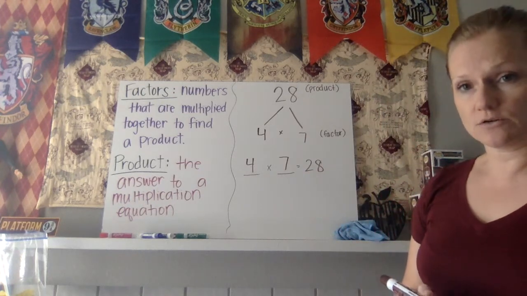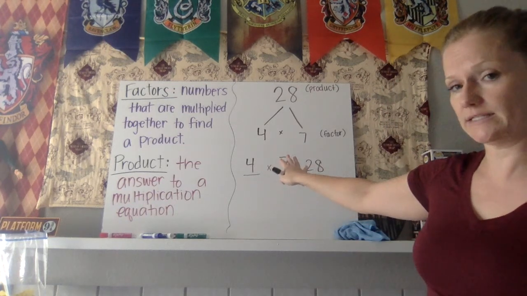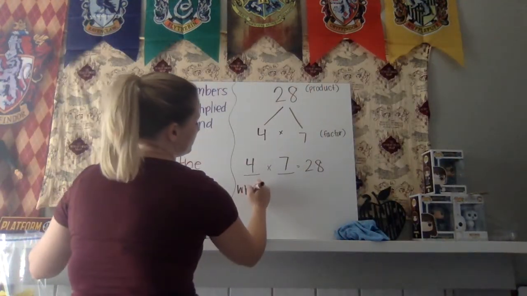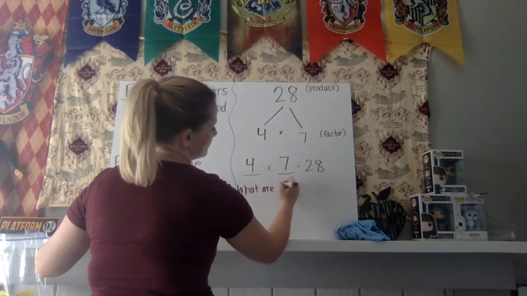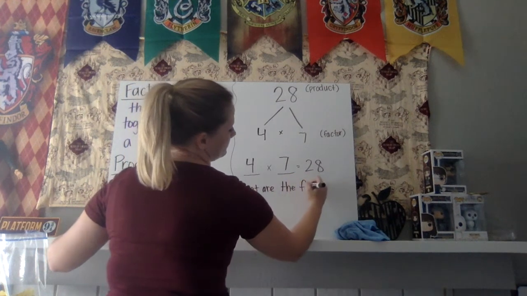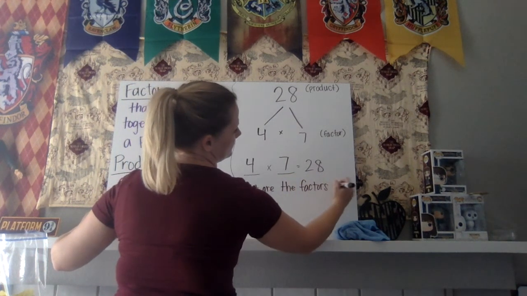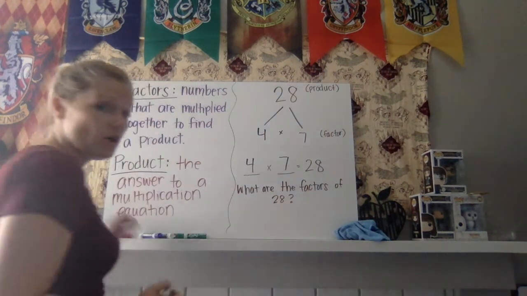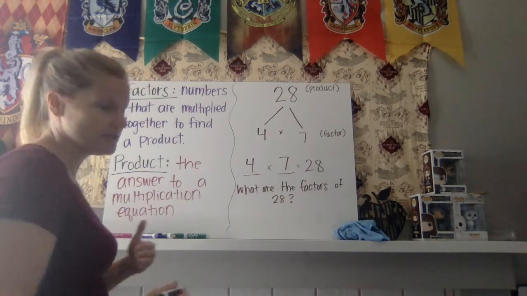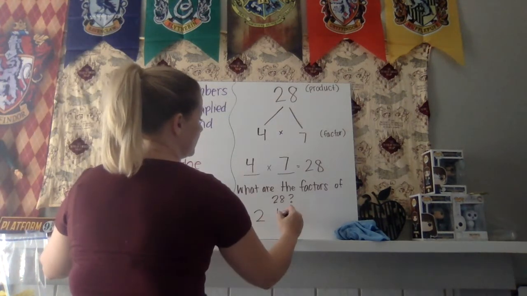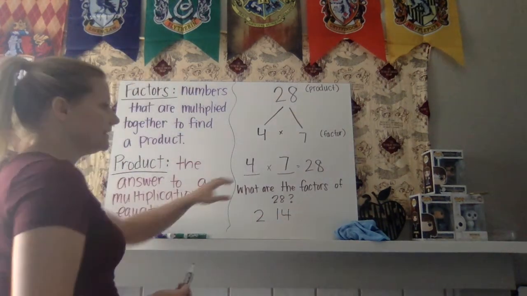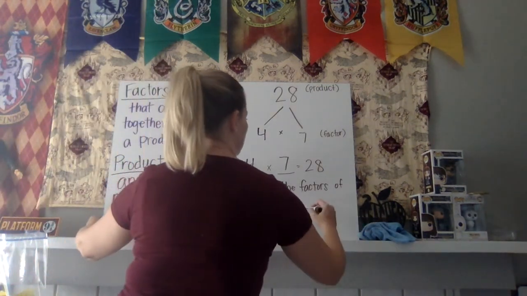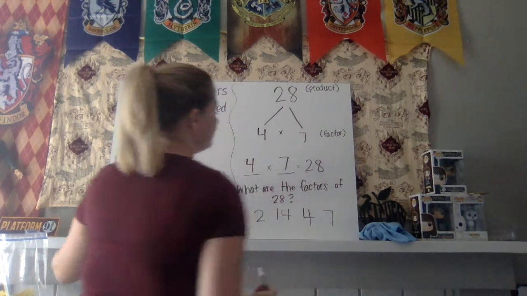If you were asked a question, what are the factors of 28, you would list all of them. The earlier example was 2 and 14. And now we have 2 more factors that we can add to this list, 4 and 7.